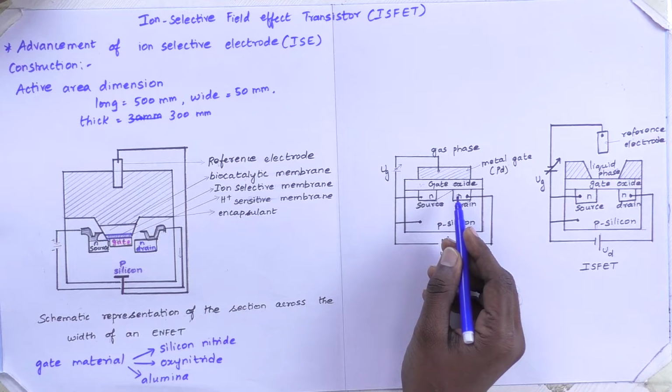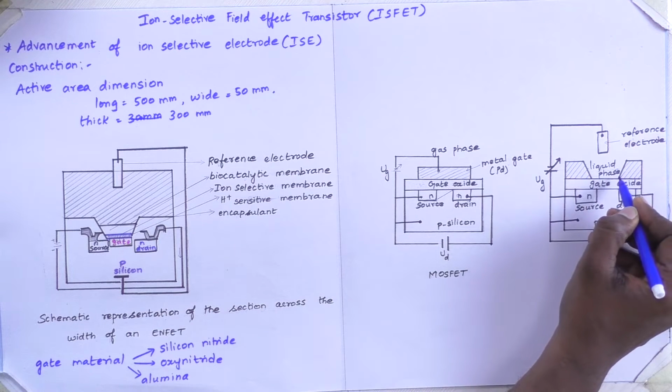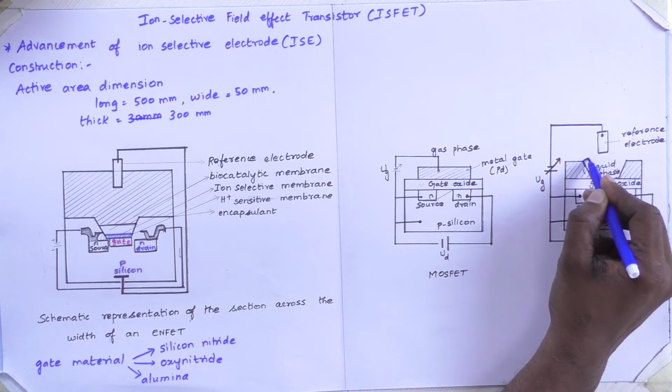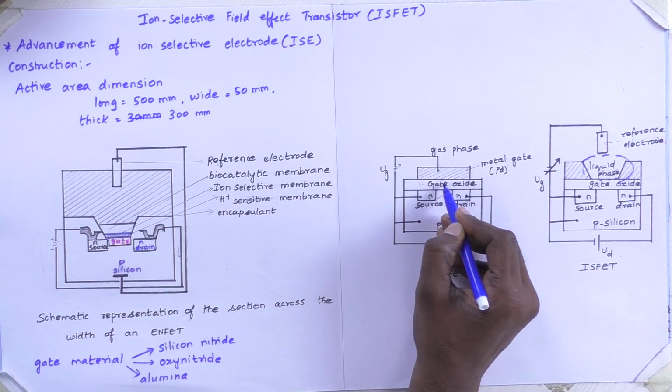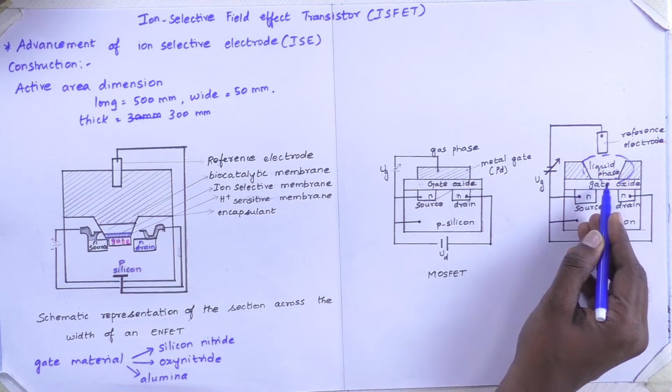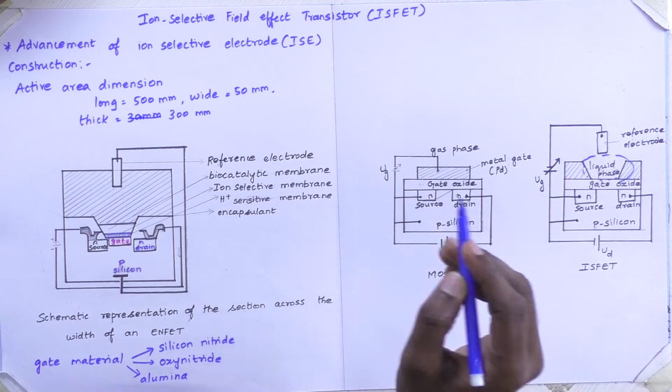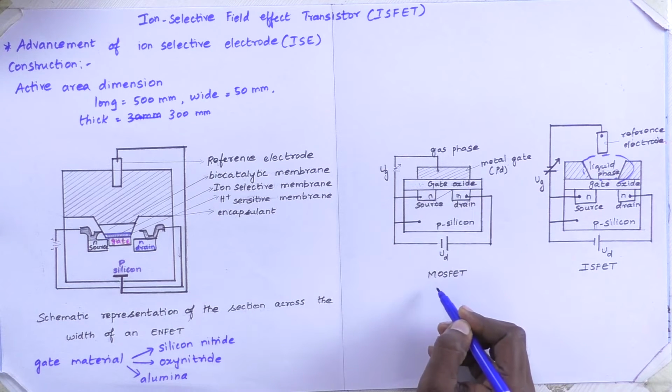From the picture, you can view that instead of the liquid phase, you can see the presence of a metal gate. So the replacement of a liquid phase with a metal gate forms the metal oxide field effect transistor. The construction is all similar to the ion selective field effect transistor, but it differs only in application.